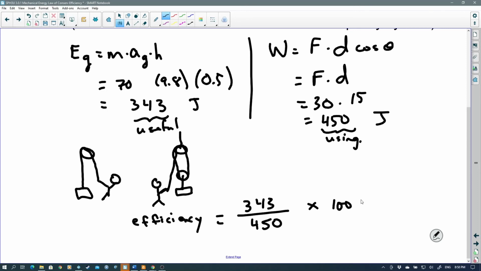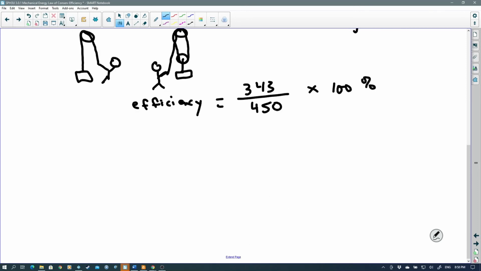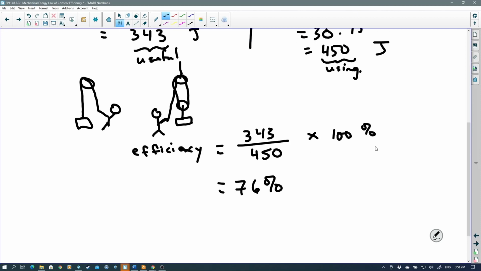We're going to multiply that by 100%. Doing the math off screen here, that gives us a 76% efficiency for this pulley system. Still not 100. We're losing energy to friction because of the way this works. It requires a lot less force to lift the object, but it is still not 100% efficient.